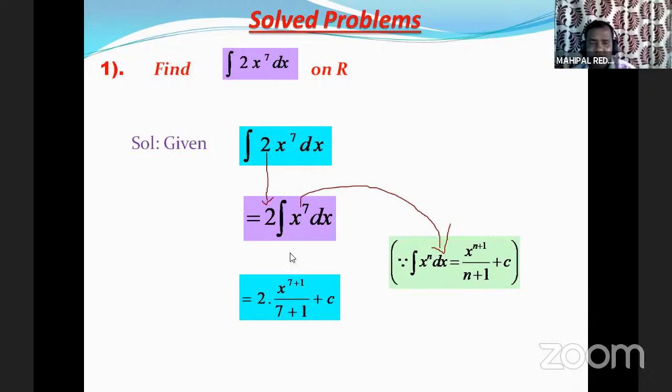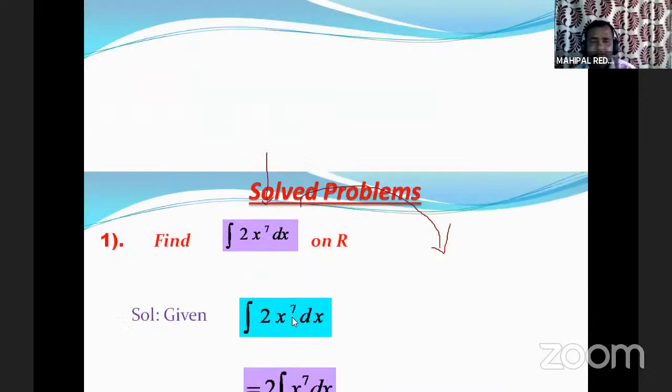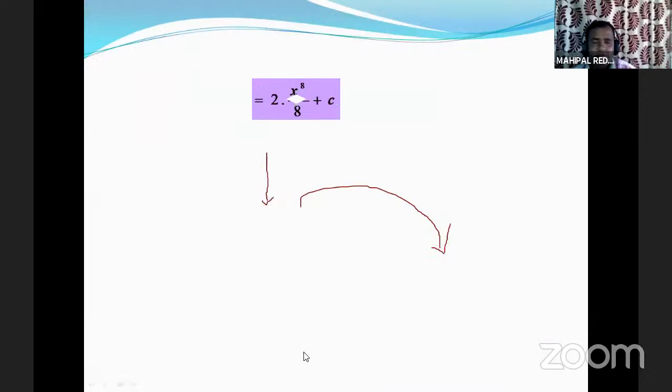So the integration of x power 7 is x power 7 plus 1 by 7 plus 1. So it equals 2 into x power 7 plus 1, and 7 plus 1 is 8, by 8. 2 into x power 8 by 8 plus c.